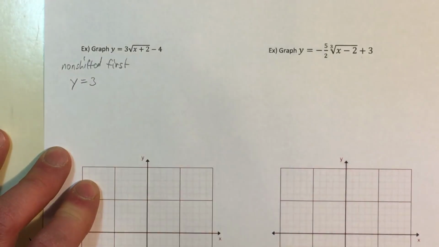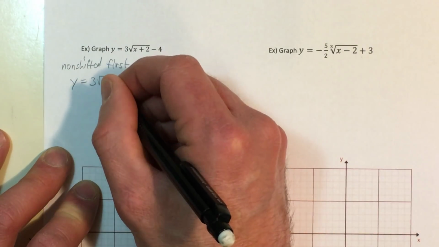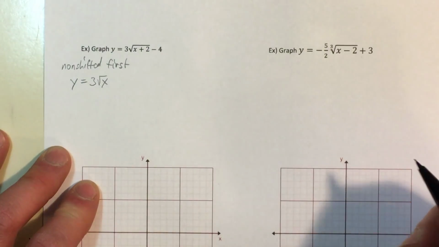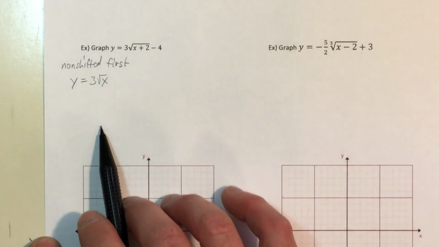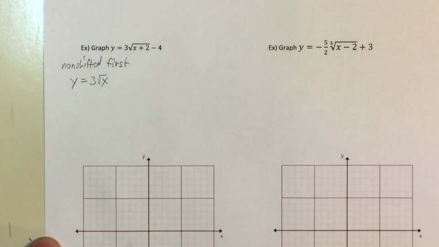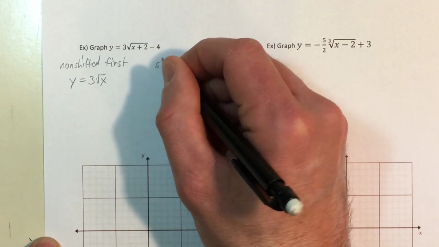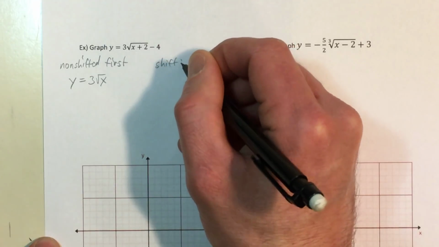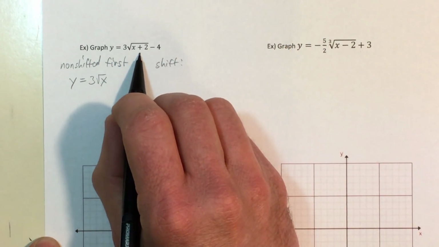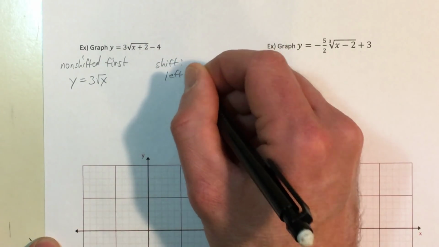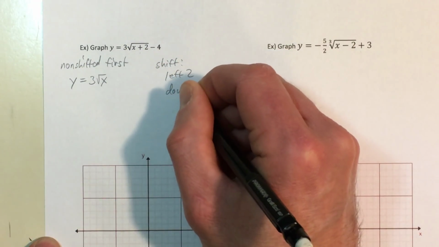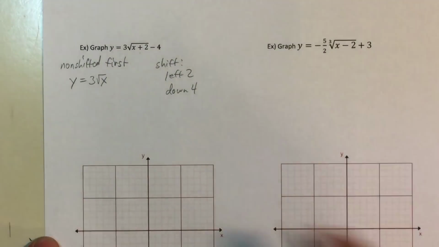It's a vertical stretch, so it doesn't shift it. We're going to get all the points for 3 square root x. Then each point we're going to do a shift. And that shift is going to end up being not right 2, but left 2, down 4.